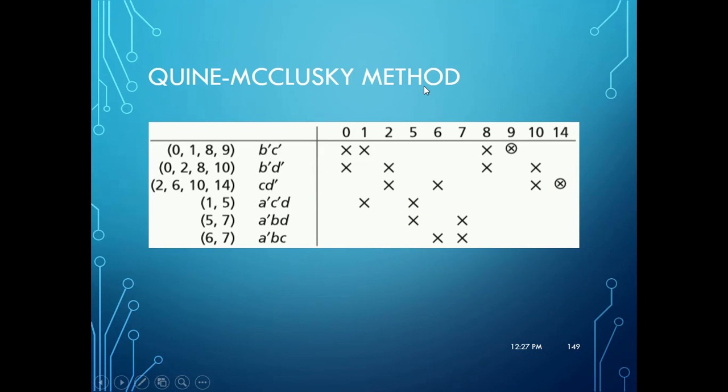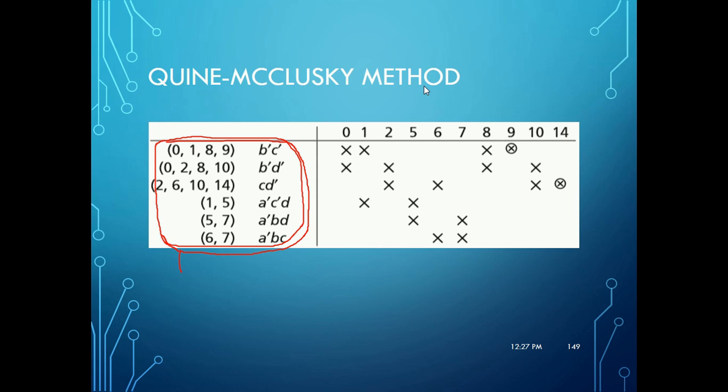Let's go to the next stage, where we have to write the prime implicant chart. On one side, whatever values you chose from the previous stage, that is, the values which are not check marked, those values you have to consider for this step.